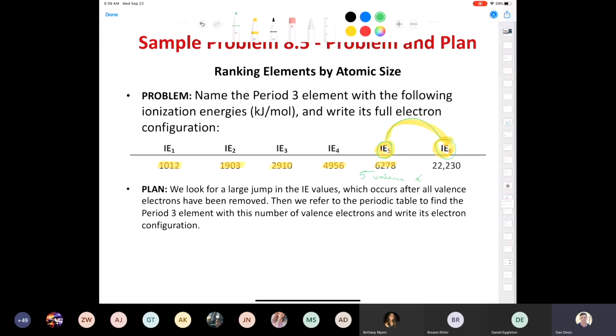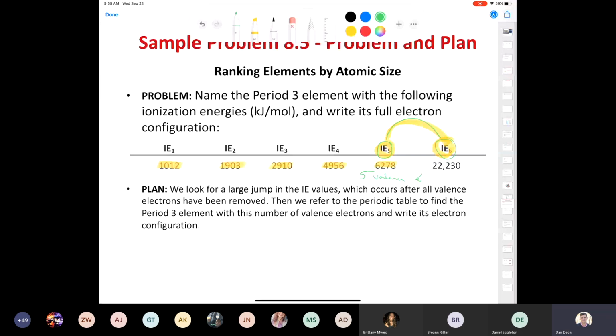Now, somebody tell me what the element is. Who's got an idea? What period 3 element has 5 valence electrons? Nitrogen is a period 2 element. So period 3 starts with sodium. Yeah, it's phosphorus.